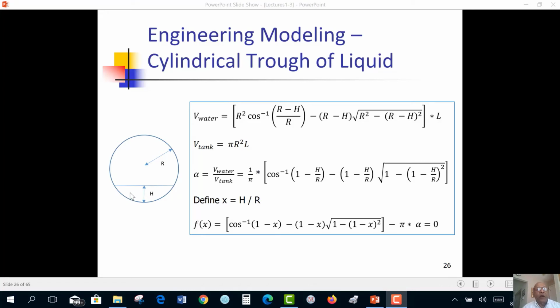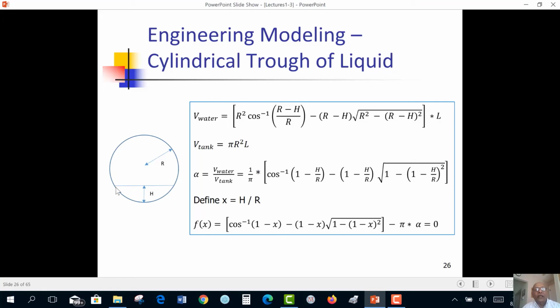As we try to model it, let's try to find what is the volume of the water. The volume of the water is going to be this area times the length of the cylinder.